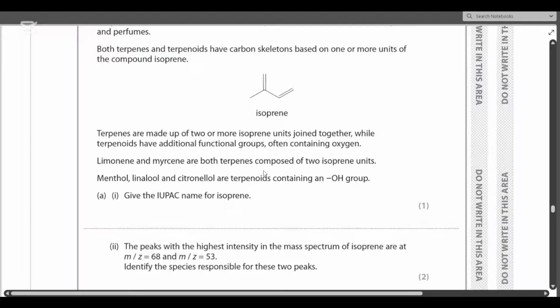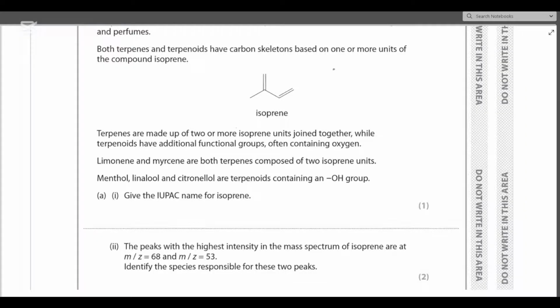Give the IUPAC name for isoprene. If we see that, we can see that there are two alkene functional groups, one present in carbon 2 and this one present in carbon 3. What we can clearly see is that with the second carbon, a methyl group is attached down here.